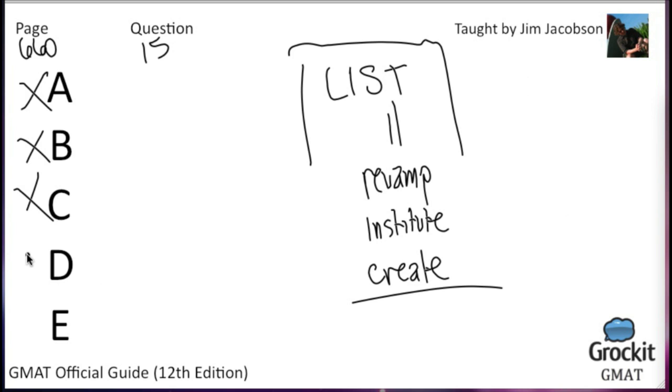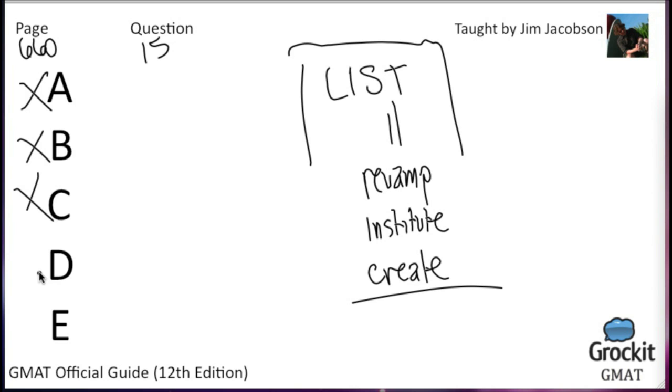Anyway, we have to differentiate between choices D and E. So we have to revamp, we have to institute, and then choice D says, and create a special non-government organization for taking. And then choice E says, and create a special non-government organization to take.